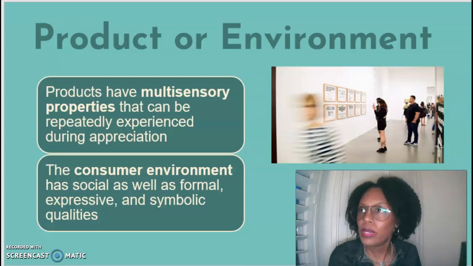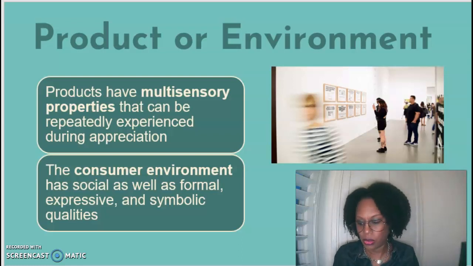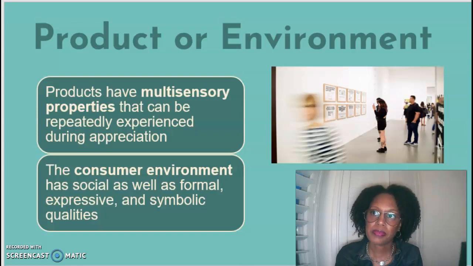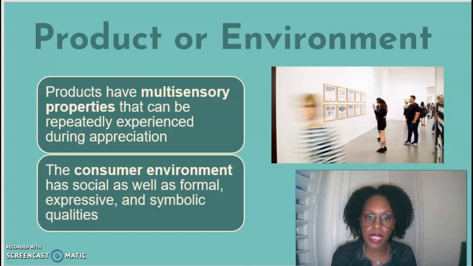All right, so when we are defining, developing, introducing or explaining the aesthetic for the company that we work for, it can come from products or it can come from environments. We're going to talk about those two things here. Products, again, multi-sensory information, right?